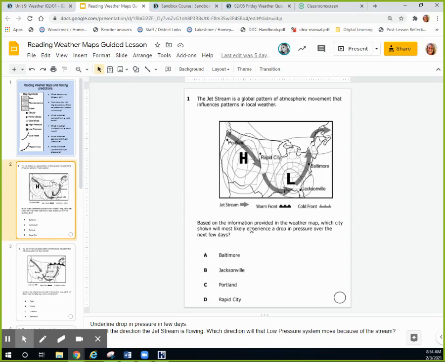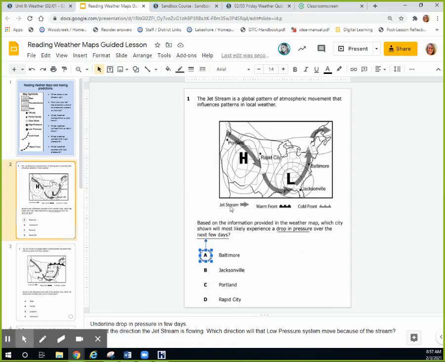So the question says, based on the information provided, which city shown will most likely experience a drop in pressure over the next few days? Okay, so a drop in pressure. And when we look at our map, the first thing we're going to do is identify where that low pressure system is to begin with.